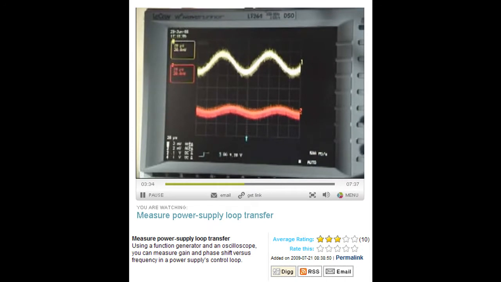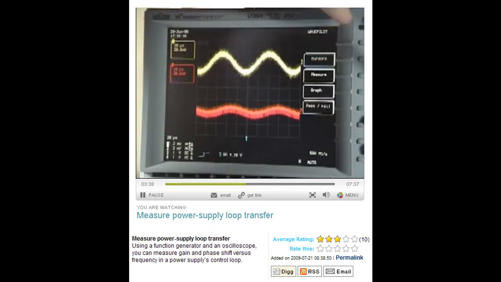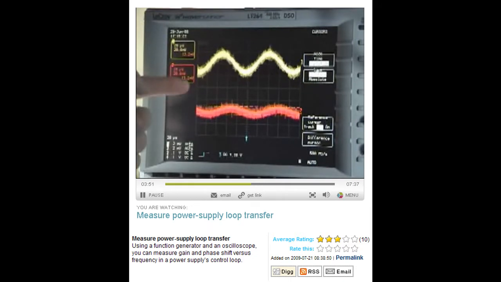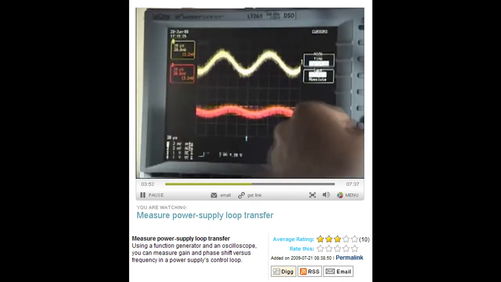It's usually what you do in order to see the amplitudes: you go to cursors, and then you go to amplitude, and here now we can change our cursors around and see that channel 2 down here has about 13 millivolts of amplitude, and looking at channel 1, we see that it is about 3 times as much.